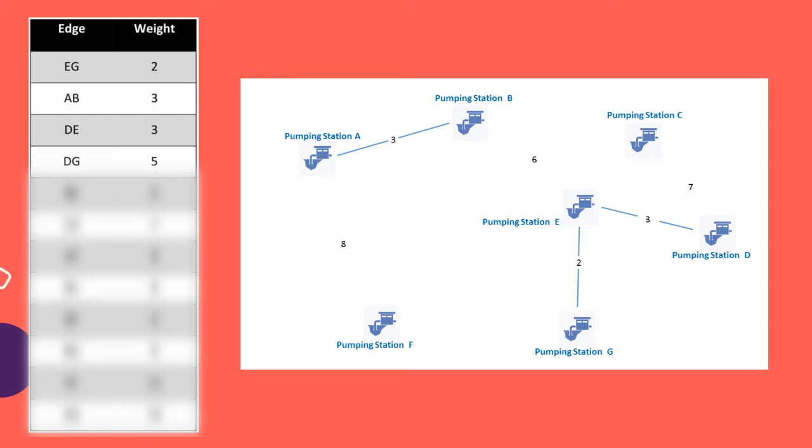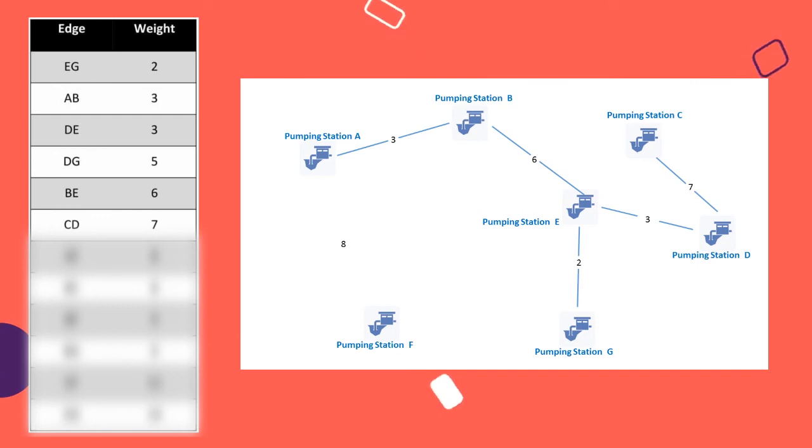Next are the edge that connects pumping station B to pumping station E with weight 6, and the edge that connects pumping station C to pumping station D. And they can be included because they don't form any cycle in the graph.